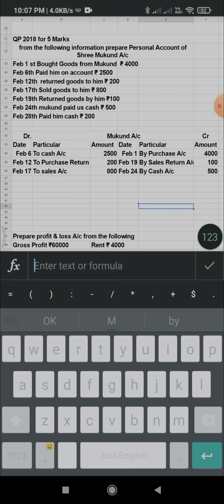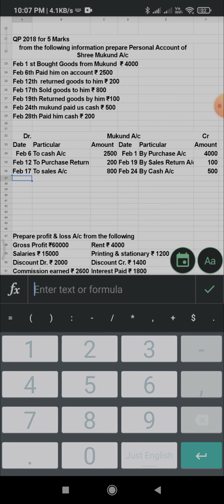Then the last entry, February 28th, paid him cash. Whom did we pay here? We paid cash to Mukund. So in business, cash goes out. Is Mukund a receiver or giver here? Mukund is a receiver, so Mukund account should be debited and cash account should be credited.